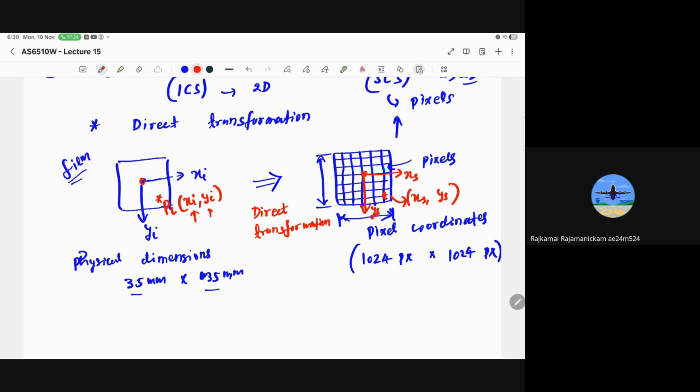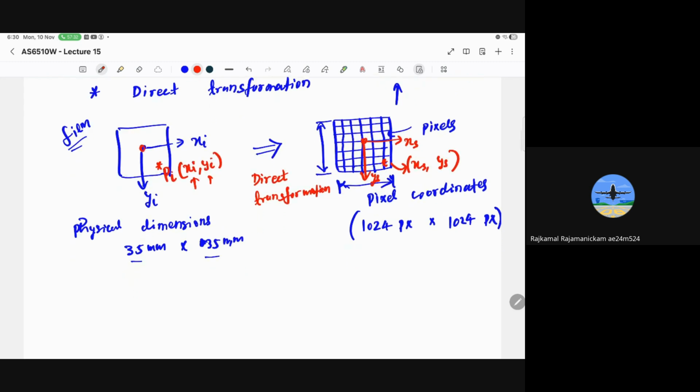Direct transformation means that you can just have a relation between, say, if 35 millimeter is the size this way and the image is of 1024 pixels, you can have a relation between millimeters and pixels, so you can say how many pixels per millimeter.